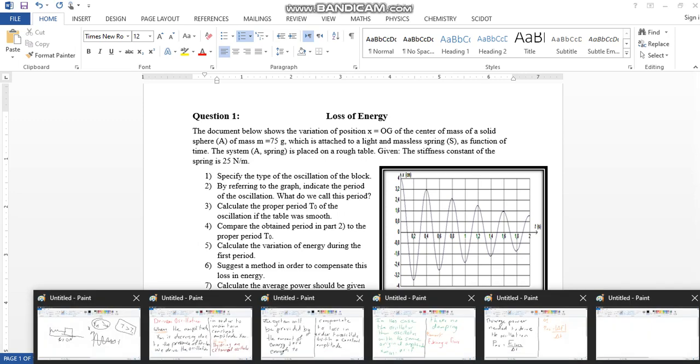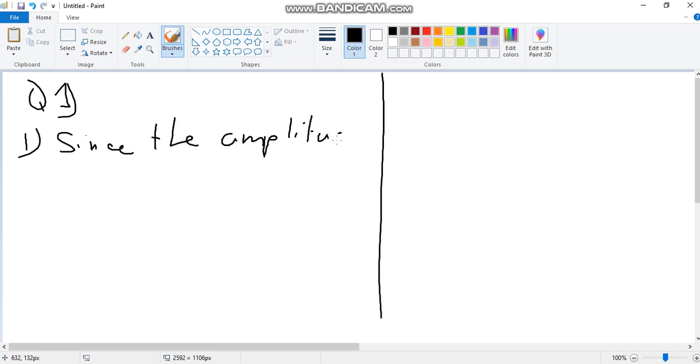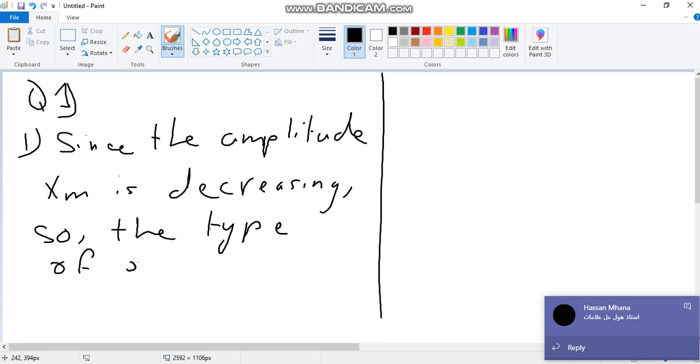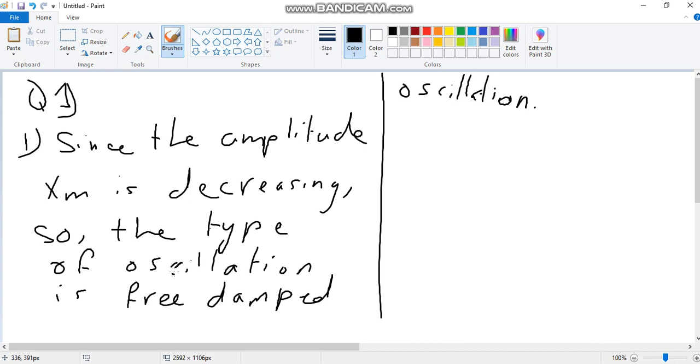In part 1, I say: since the amplitude xm is decreasing, the type of oscillation is free damped oscillation in this case.